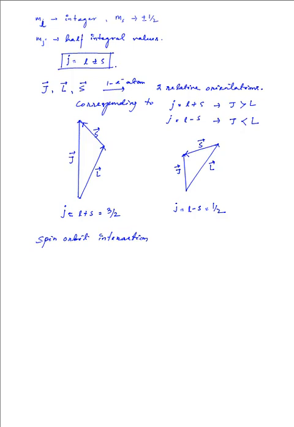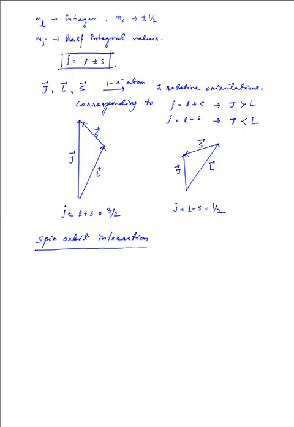The resultant that you see over here is J, the total angular momentum. The orbital angular momentum and the spin angular momentum precess about the total angular momentum, and that is exactly what we call the spin orbit interaction.